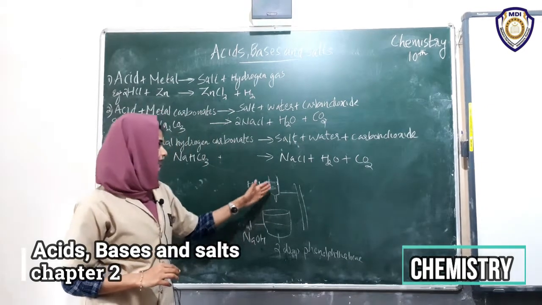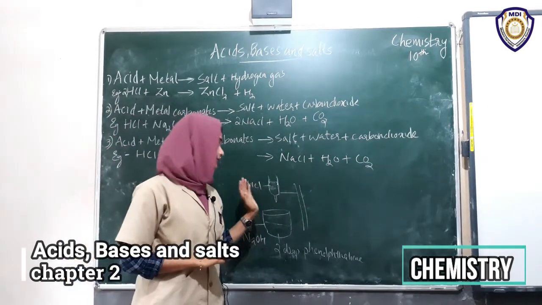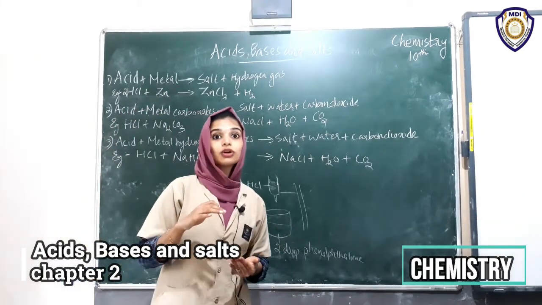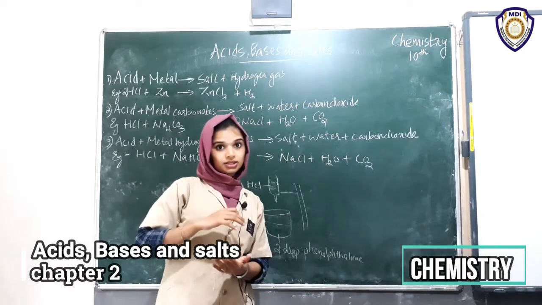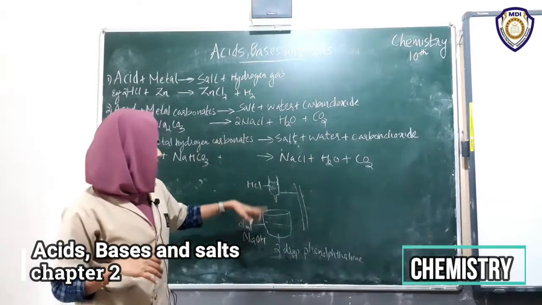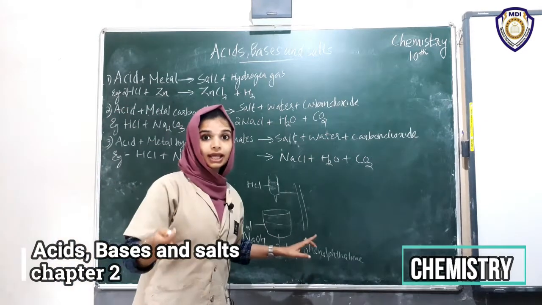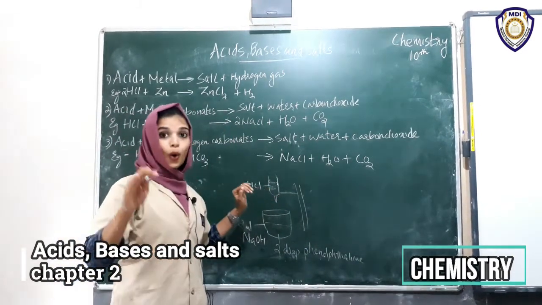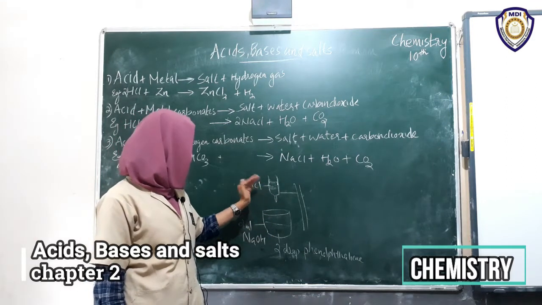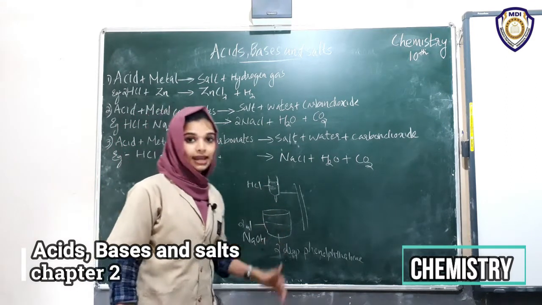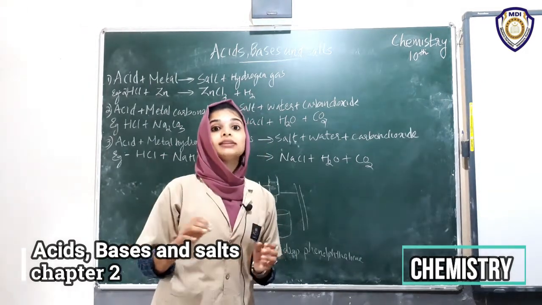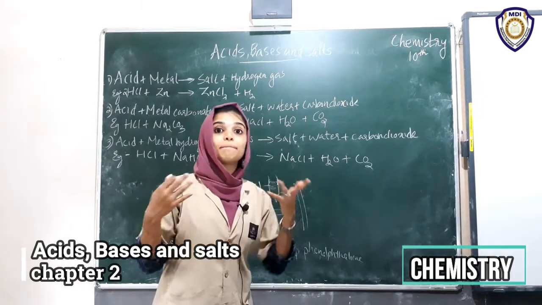When we add hydrochloric acid, the pink color of the sodium hydroxide decreases. Its intensity decreases, and ultimately, when most of the HCl is poured into the NaOH, we reach a point where the pink color disappears.